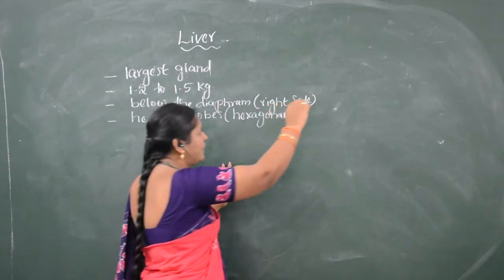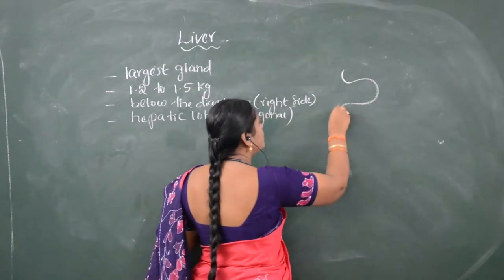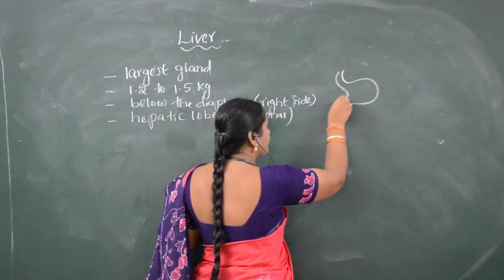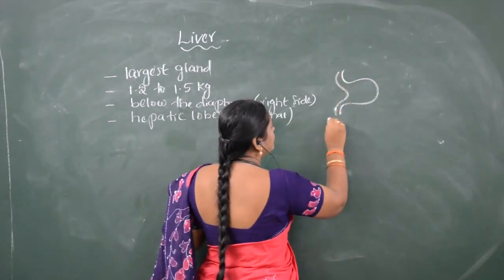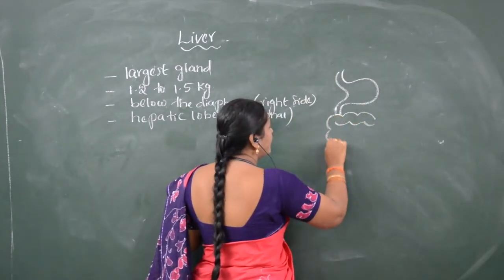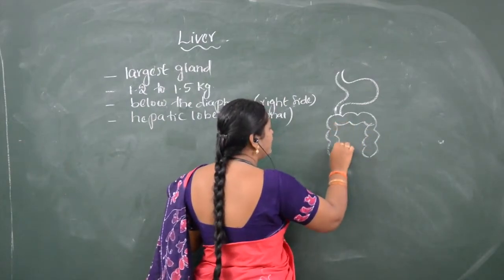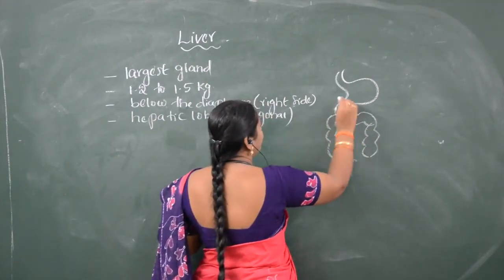So where is the liver present? I said liver is present towards the right side, in the abdominal cavity, below the diaphragm.